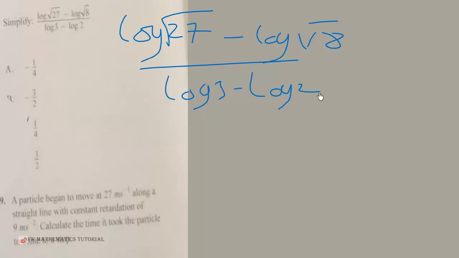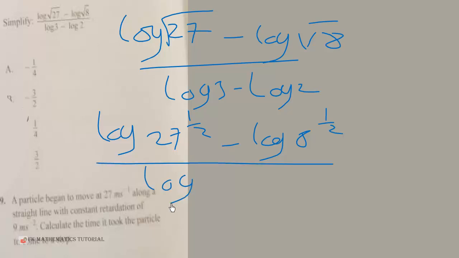So let's look at this. The square root is the same as the exponent one half. So log 27 exponent 1 over 2 minus log 8 exponent 1 over 2, all over log 3 minus log 2.